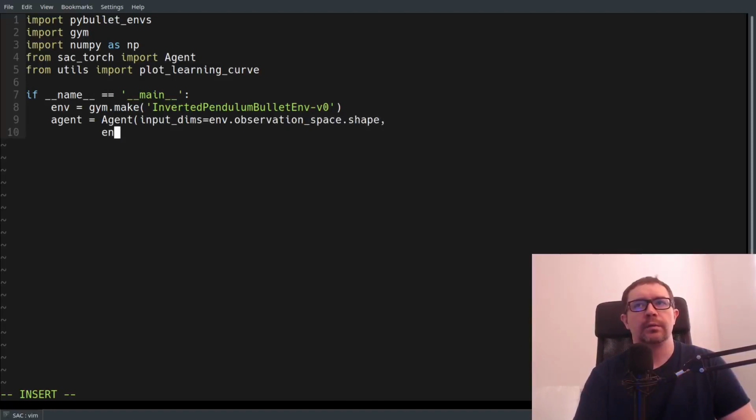We need our environment, and then we already have strong defaults for everything except the number of actions, I believe. Action space shape sub-0. We already have the layer 1 and layer 2 sizes, batch size. I believe tau we have a strong default for. Okay, so that should work, otherwise we'll get an error.